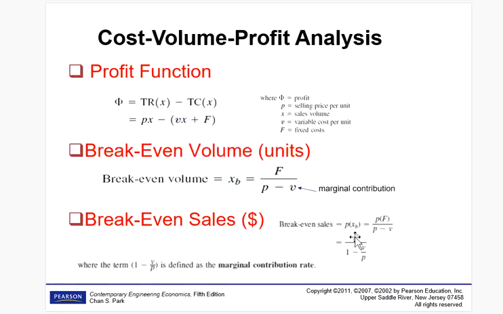The break-even sales is P times the break-even point. How to calculate the break-even point? This is the formula, and then you multiply with P, or you can directly use this formula to calculate break-even sales, both are correct. You can use any one to find this value.